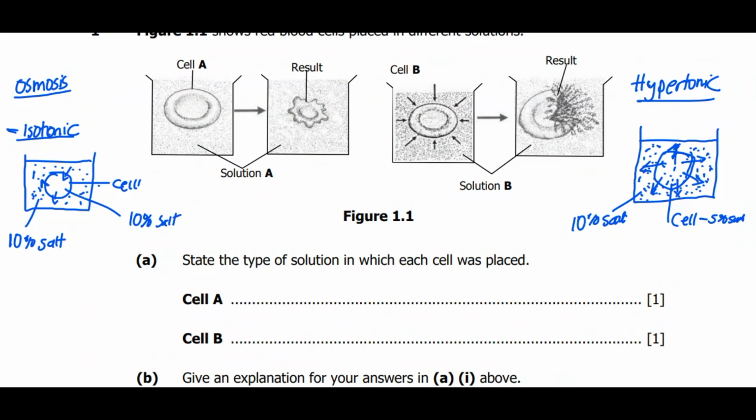Then what about the third one? The third one is hypotonic solution. Now hypotonic solution is opposite to hypertonic solution. For this one, the cell has a higher concentration.